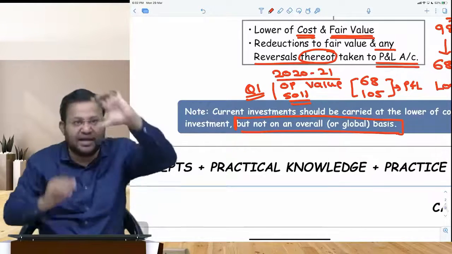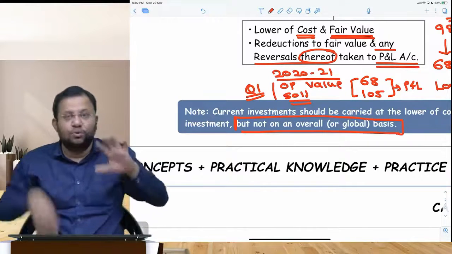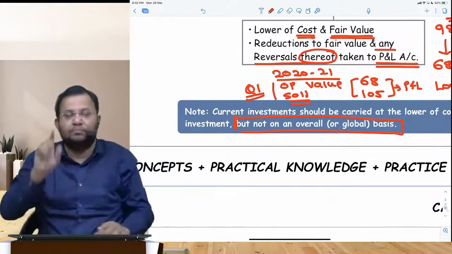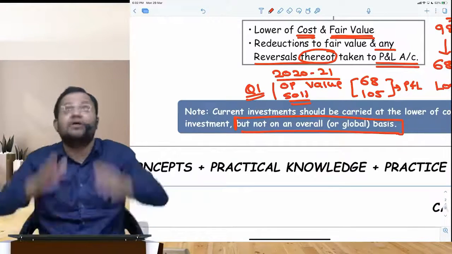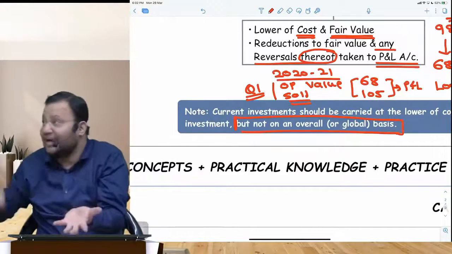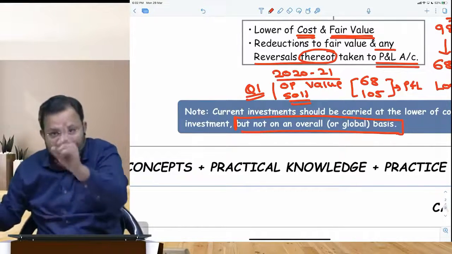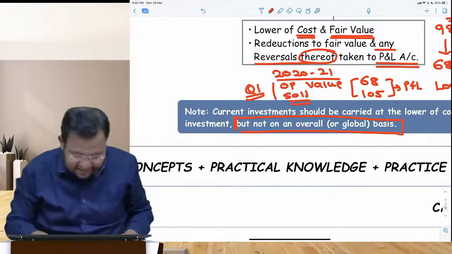That is category by category, and you can do it that way. Best is share by share, scrip by scrip, item by item. But if you take the total cost of all categories and the total fair value of all categories, you are in violation of the principle of AS 13.